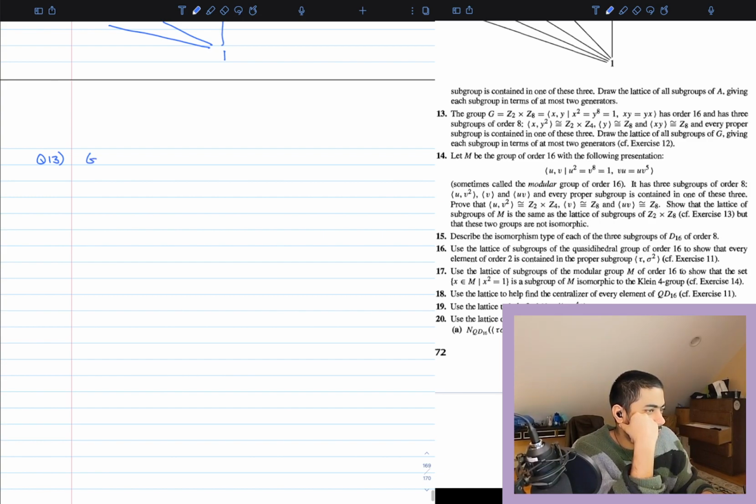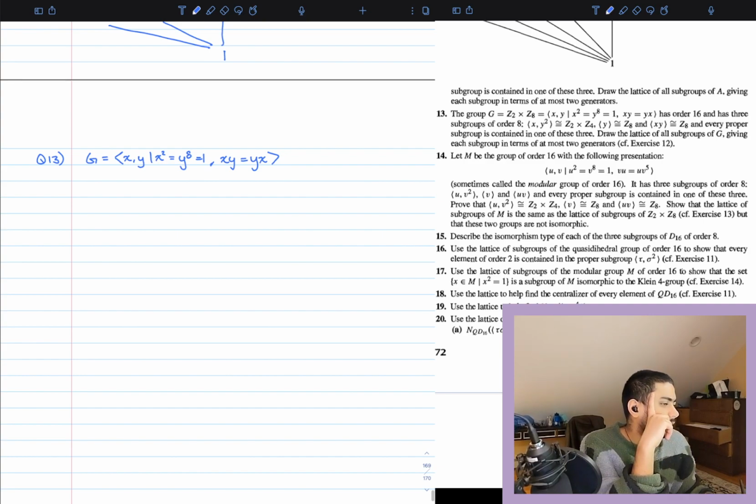So this time G is generated by x and y, where x squared equals y to the 8 equals 1, and xy equals yx. So what is happening here?